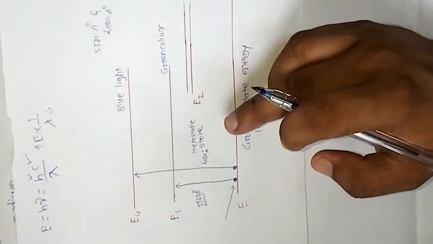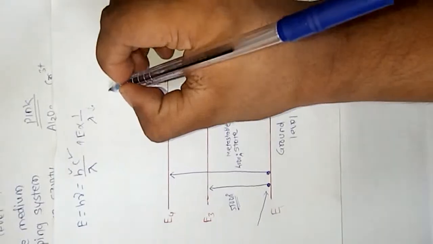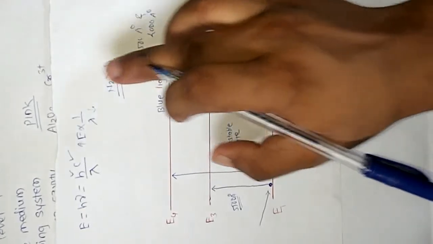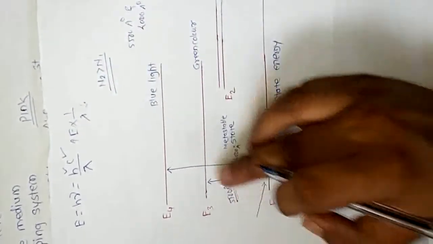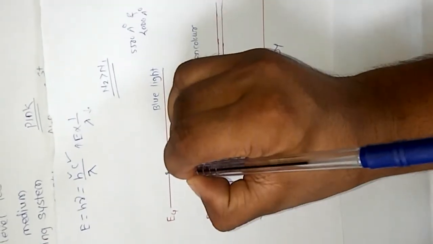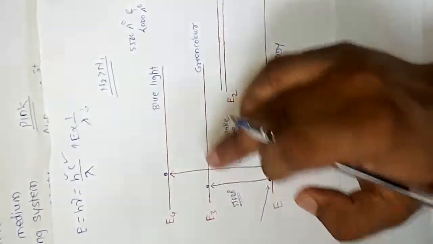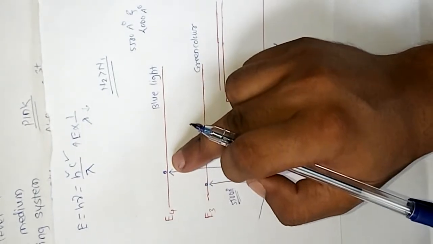Now due to this pumping system, population inversion is achieved. That is, now N2 is greater than N1. And this is the useful condition for the laser action. We know electrons can't stay for a longer time in the excited states E3 and E4.